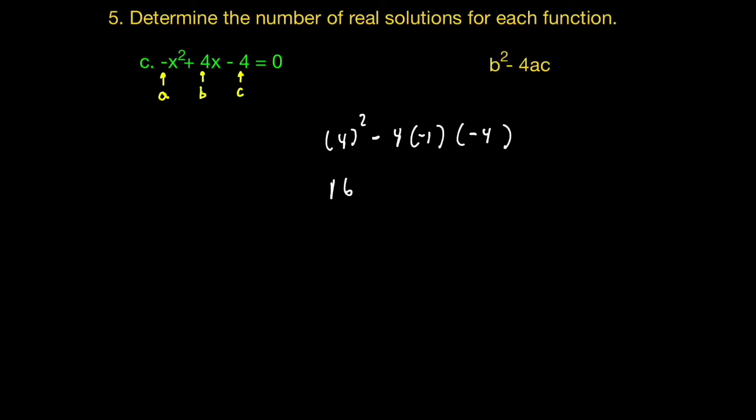And then here we have a negative times a negative, which is going to be positive. But then if we multiply by another negative, this is still going to be negative. 4 times 1 is 4, and then 4 times 4 is going to give me 16. And 16 minus 16 gives me 0. So we're going to get 1 real solution here.